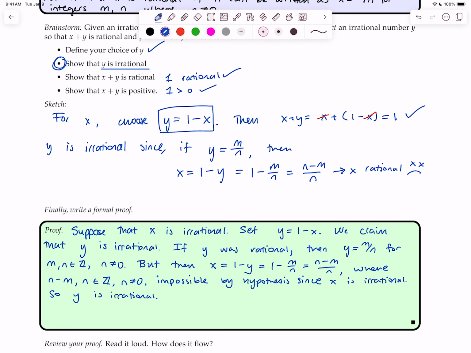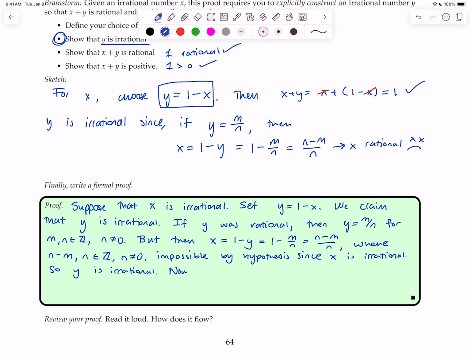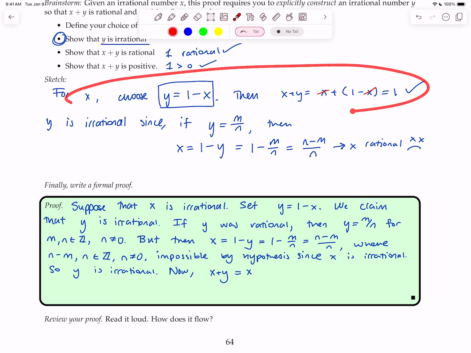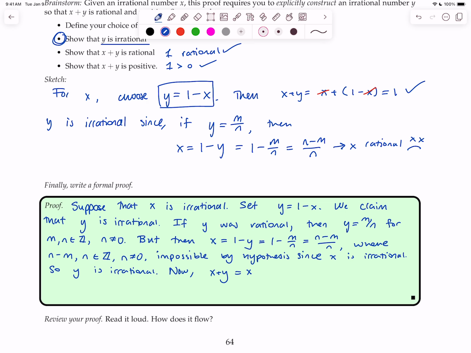Now we just have to do the last two. So now, x plus y. We want to make sure that this is rational and positive. Well, we can do some of the scratch work that we did up here and put that in our proof. So we know that x plus y is x plus, if we substitute what we know y is, 1 minus x, and then the two x's cancel. That's 1.